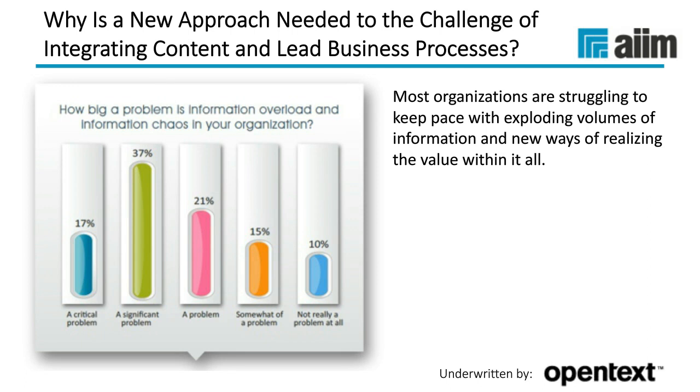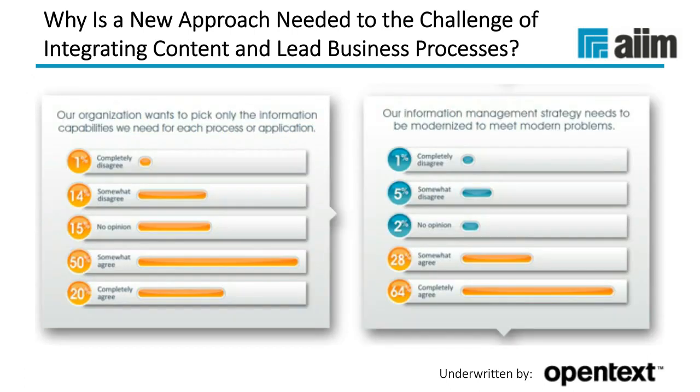And so as you think about this, what does that mean in terms of what does it say about why a new approach is needed and how do organizations view this? And so these two data points, I think, are really critical to thinking about content and content management in a new way.